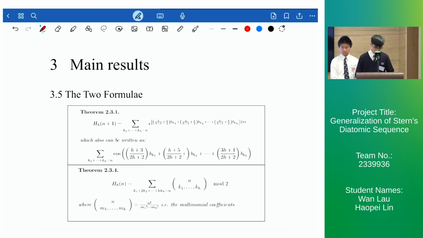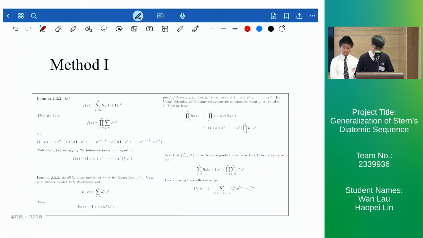The second one is about the multinomial coefficients. It makes sense because it is related to combinatorics, which can solve some counting ball problems. But the first one invokes cosine. Yeah, it's very unexpected.